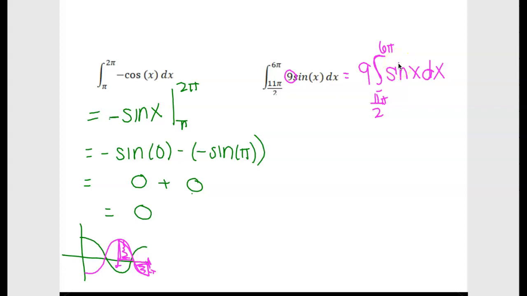Well, the antiderivative of sine is cosine. In this case, it's negative cosine because the derivative of cosine is negative sine. So we get negative cosine x, evaluating from 6 pi to 11 pi over 2.